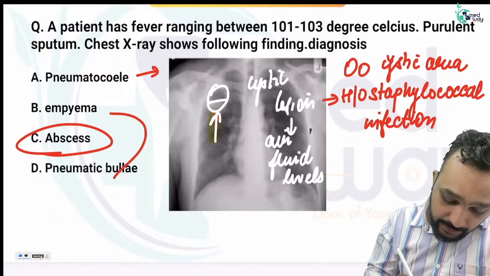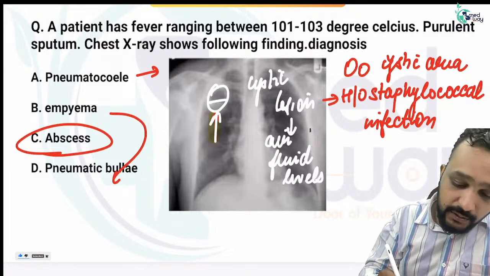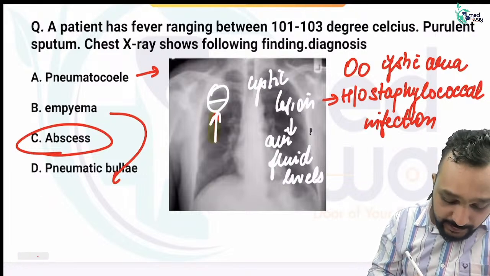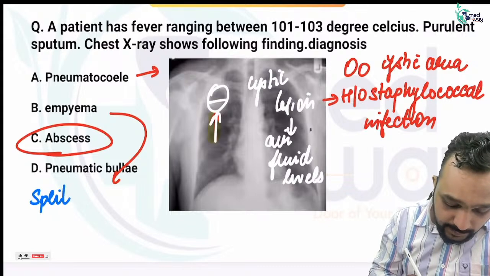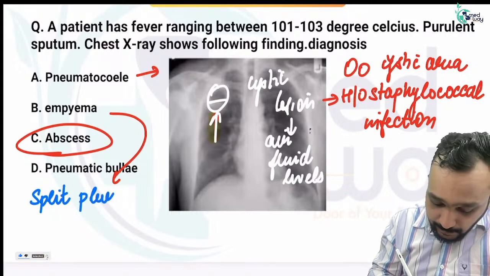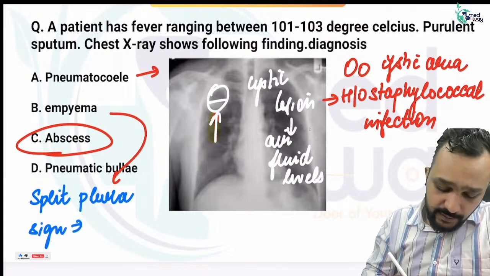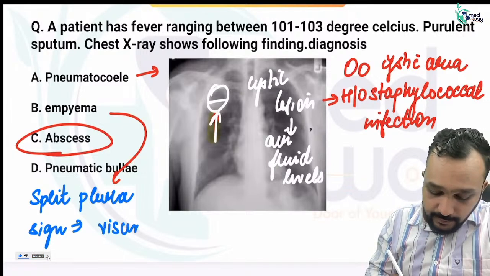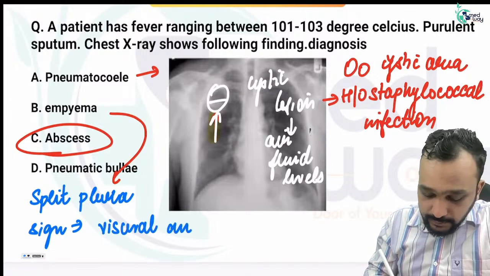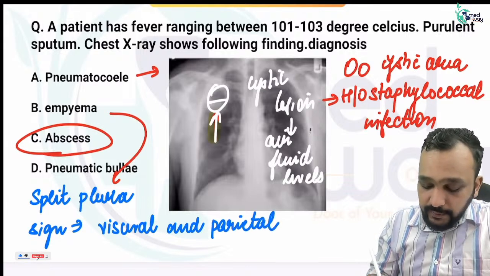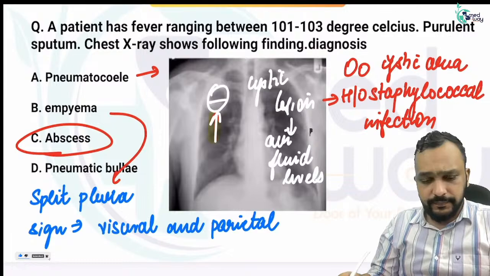Talking about empyema, you will see a very typical appearance, that is the split pleura sign, in which there is enhancement of the visceral as well as parietal pleura. And lung abscess we have already seen here.